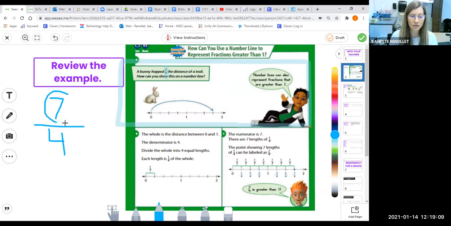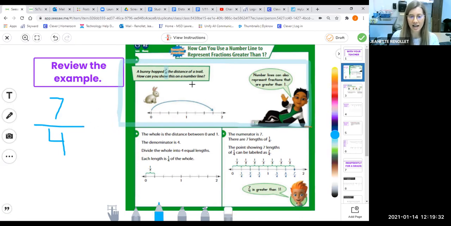When my numerator is greater than the denominator, that tells me my number is greater than 1 whole. Because 4/4 I know is equal to 1 whole. So if my numerator is 7, I know I'm talking about a number greater than 1.